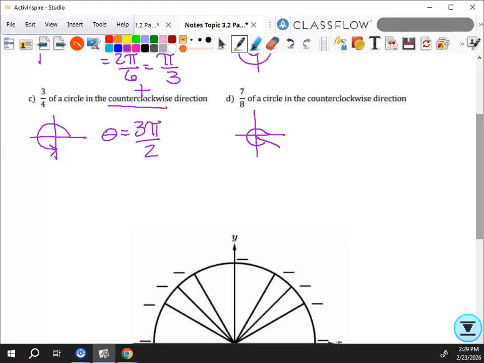Look at that. And counterclockwise again, so we know it's positive. So theta will be 7/8 of 2 pi. So what's that going to be? 7 pi fourths.